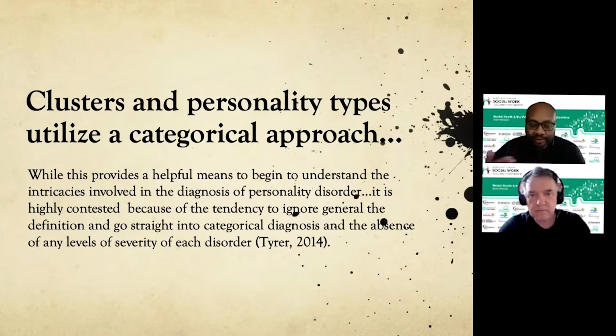And that was seen as problematic increasingly. Within mental health, there's a shift across psychology, even in psychiatry, to more of a dimensional approach, realizing that there's lots of overlap between these different types of behaviors.